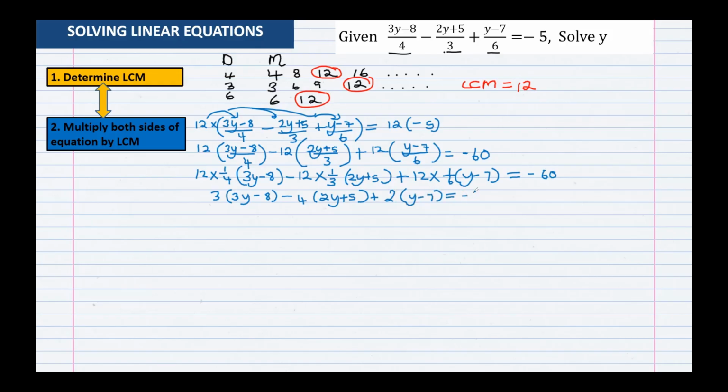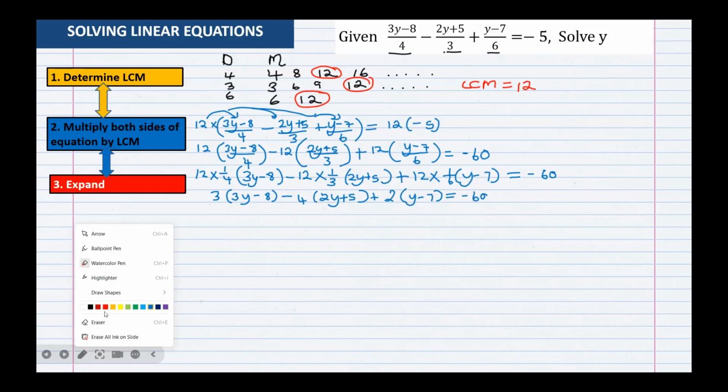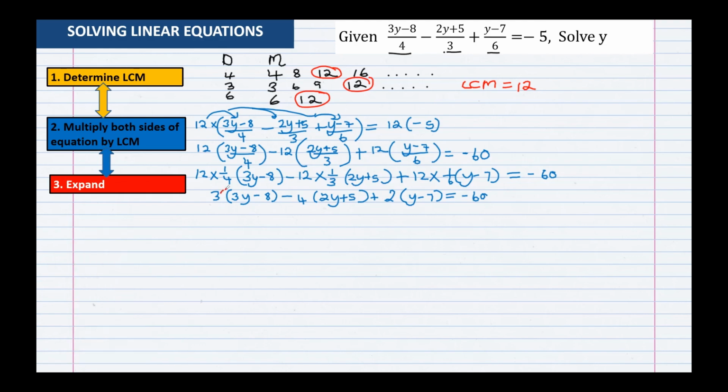Now we have to expand this further, because you need to multiply the constants inside here. We want to get rid of the parentheses. So 3 multiplied by 3y will just give me 9y. 3 multiplied by −8 will give me −24.